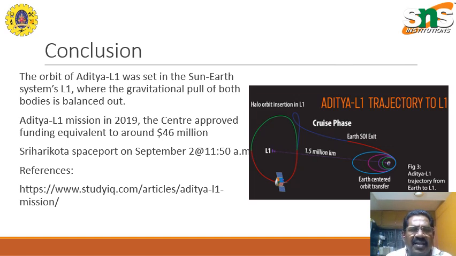The orbit was set in the Sun-Earth L1 system, which is a Lagrange point, where the gravitational pull of both the Sun as well as the Earth is balanced out for the satellite. The budget is around $46 million, as stated in 2019. It was launched at Sriharikota Spaceport, and the references we have taken for making this case study are from this website.